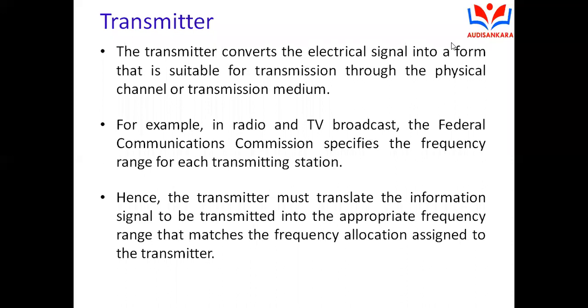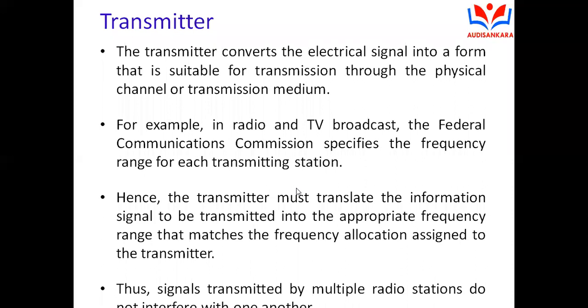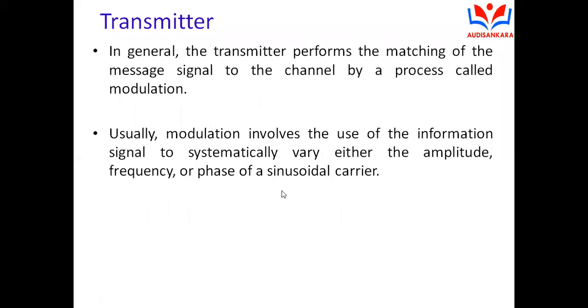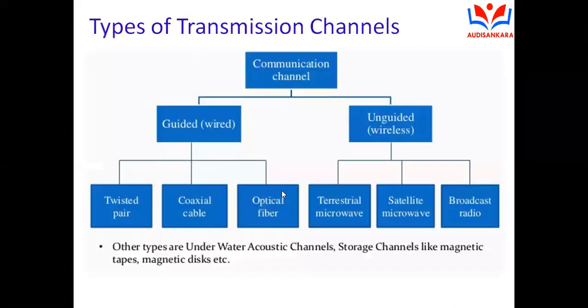The transmitter must translate the information signal to be transmitted into the appropriate frequency range that matches the frequency allocation which is assigned to the transmitter. That is the function of the transmitter.